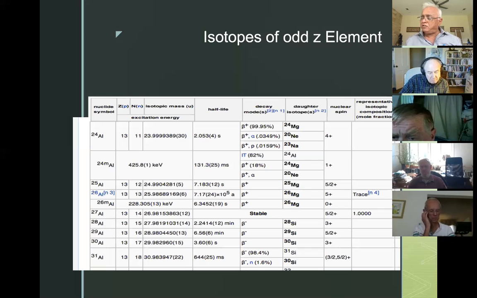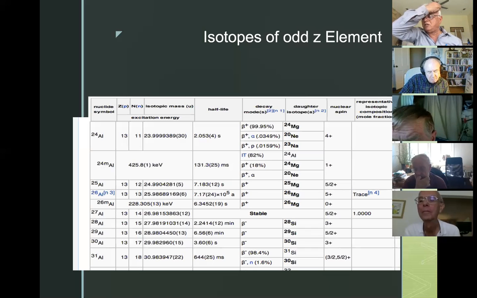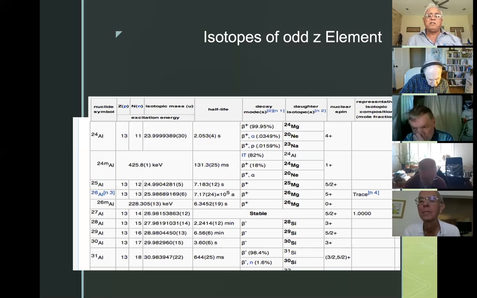But my goal here was to introduce the neutron shell and how it came about for me, and to show everybody that where spins are not balanced, the possibility of an element is not there. The element will not exist. So for an element to exist, the spin needs to be balanced.